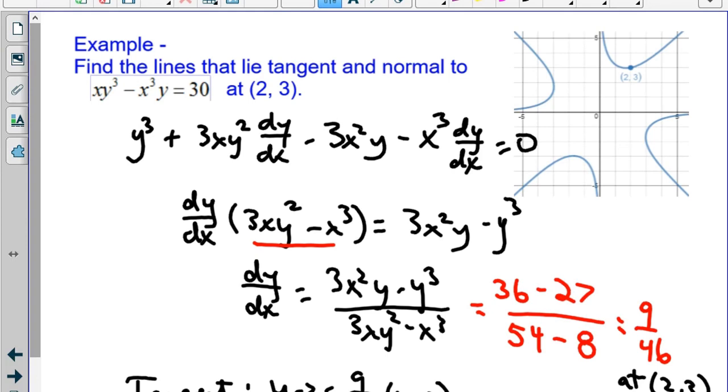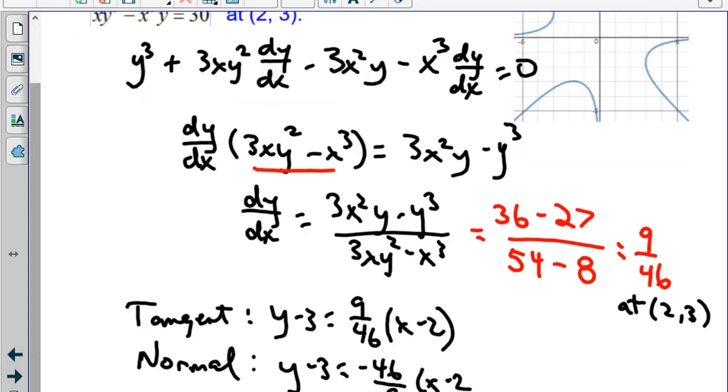So we have 3x squared y minus y cubed over 3xy squared minus x cubed. We substitute in 2 comma 3, and I got 9 over 46. I double checked it, but I've been known to make some algebra or substitution mistakes, so you might want to double check that. And if I screwed up, let me know. So then we have tangent and normal equations listed below.